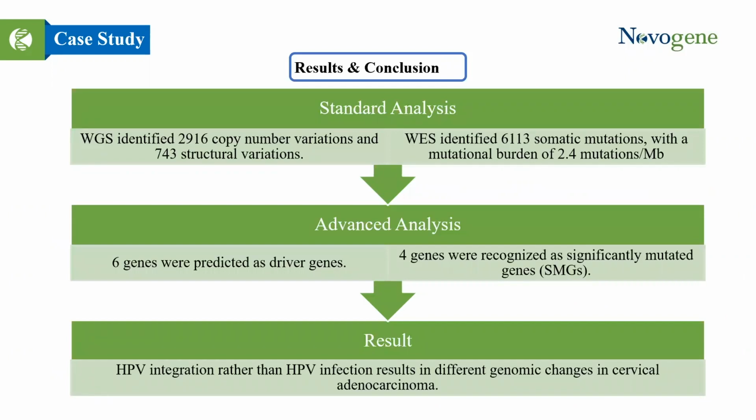As a result, with our standard analysis, a large amount of CNV, SV and somatic mutations were identified by WGS and WES, respectively. And with our advanced analysis, they also identified several driver genes and significantly mutated genes.